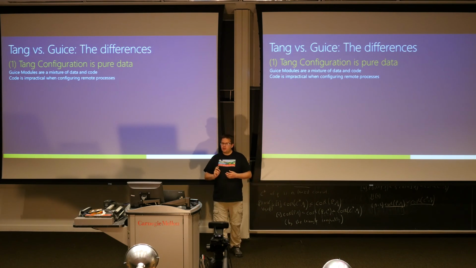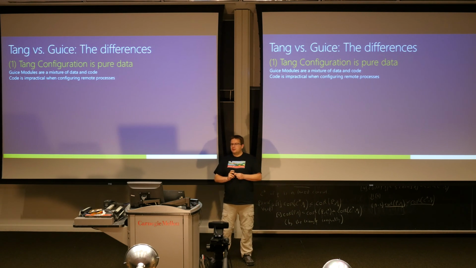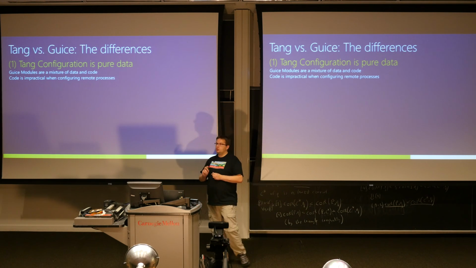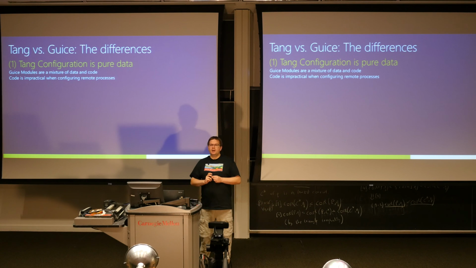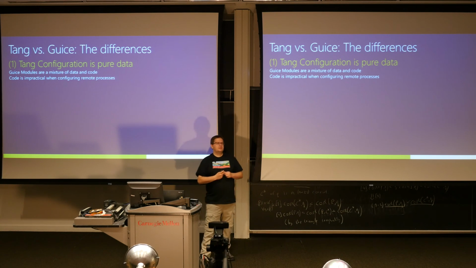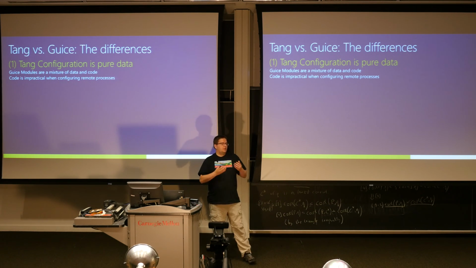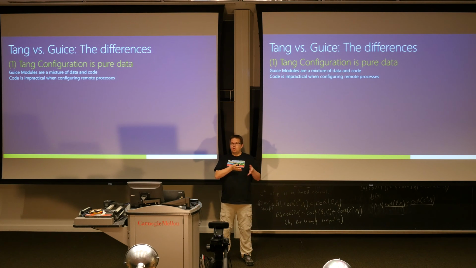In Tang, configuration is pure data. The concept in Guice would be modules, and modules in Guice can contain code. That is this case of, hey, when anyone asks for an object of type message printer, run this code, it will return an instance of it.